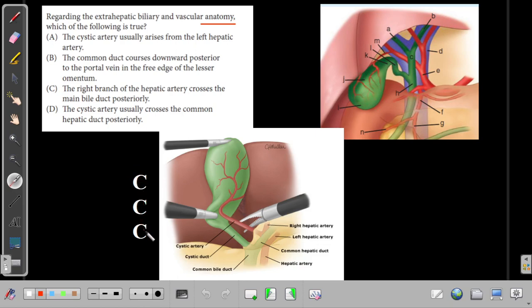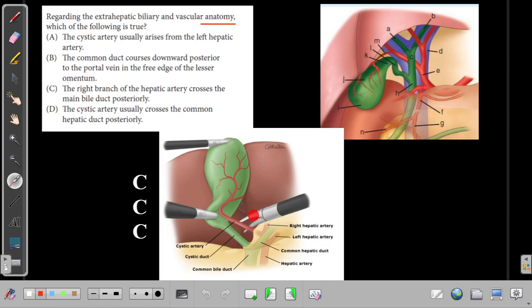Calot's triangle starts with C, and every border starts with C: cystic artery, cystic duct, common hepatic duct. This is Calot's triangle in UpToDate. Okay? And this is the critical view of safety.